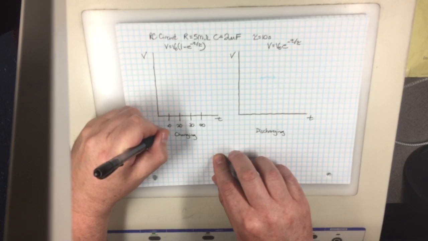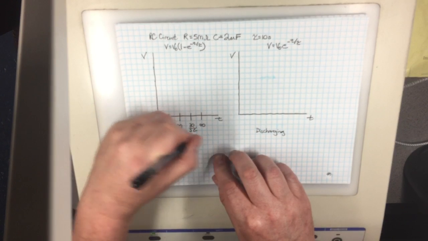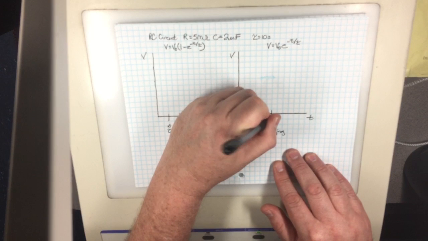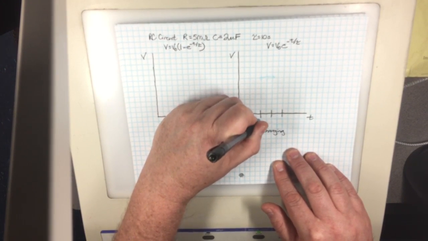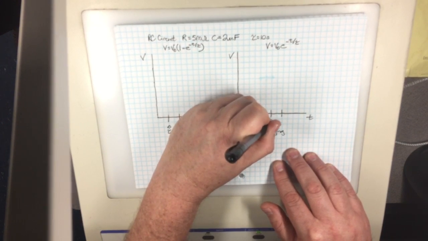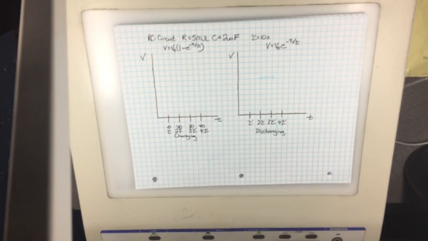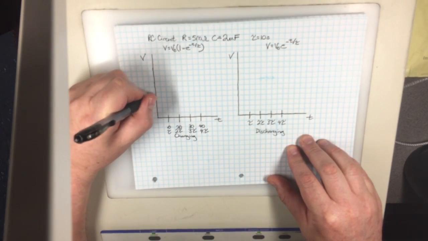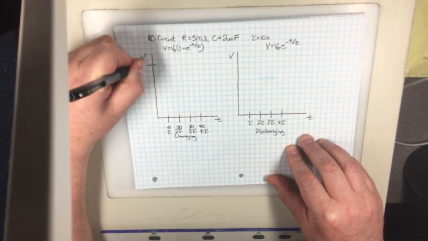But it's also an interval of tau, 2 tau, 3 tau, 4 tau, whatever that multiple of tau is. In our case, it's 10 because I just wanted it to be easy. 1, 2, 3, 4, 5, 6, 7, 8, 9, 10. So that is 100.